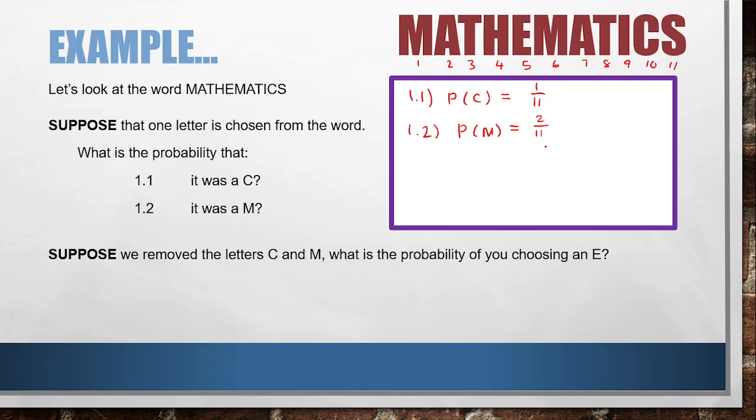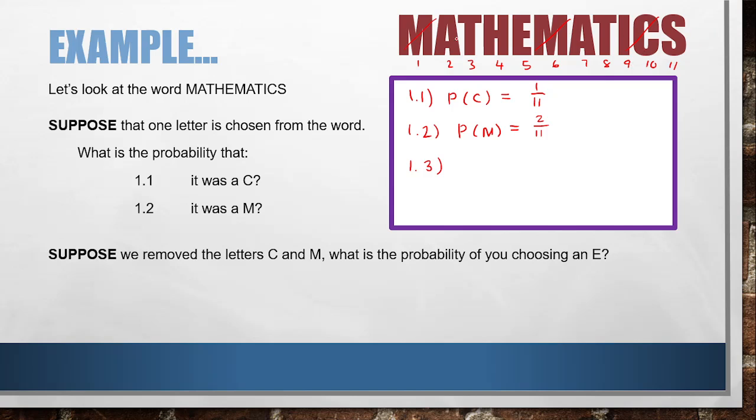Suppose we remove the letters C and M. What now is the probability of us getting an E? Well, if we remove M and C, our sample space has now become smaller. So our sample space is now 9.